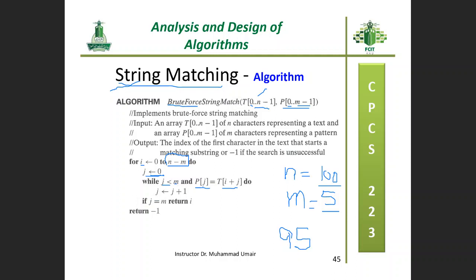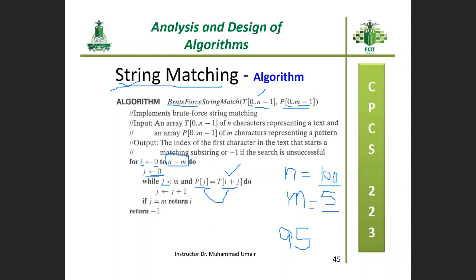What is i? i is 0. Plus j, j is also 0. So 0 plus 0 is 0, and the first character will be compared with the first character. When j is 1, in the first iteration, i is still 0. So which character will be accessed? It will access the corresponding character in the text, which is index 1, and so on. Is that clear?